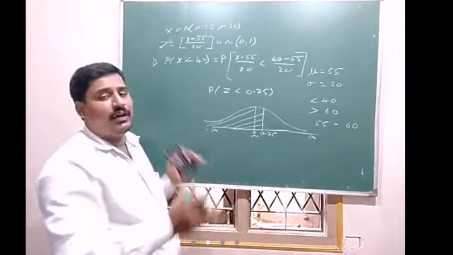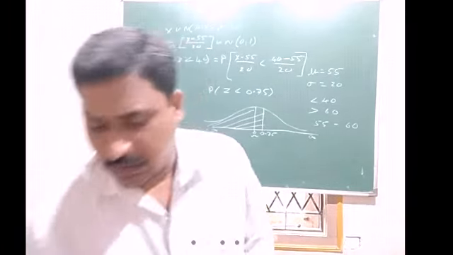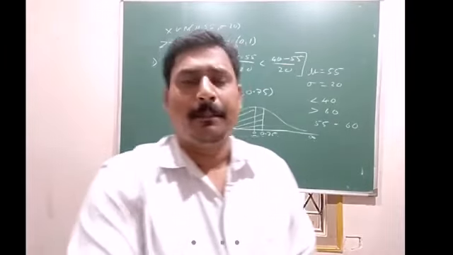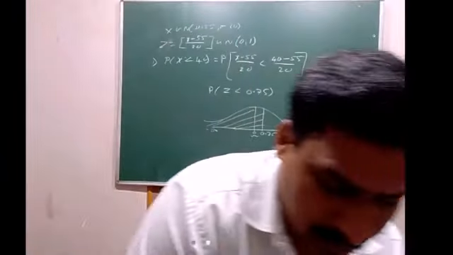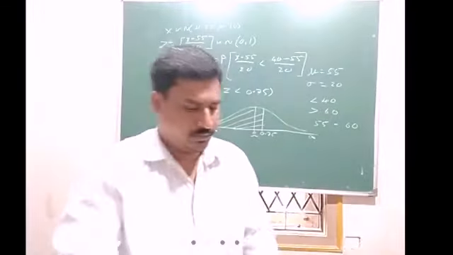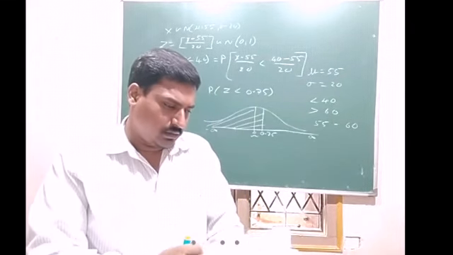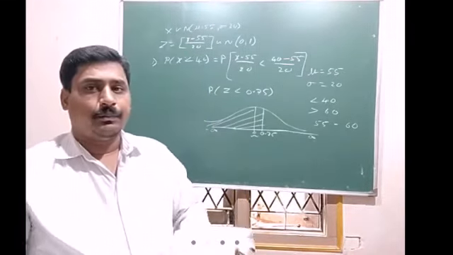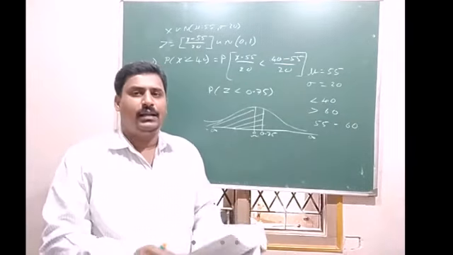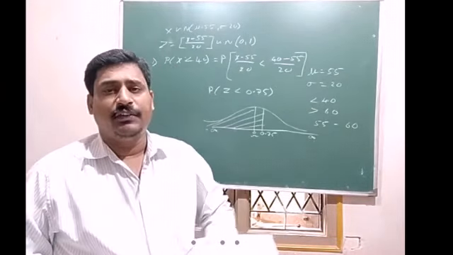What is the value for this region? From the table. Okay, so in the normal distribution table given in the textbook, which I have already sent to you, values from negative 3.5 to infinity are given, and positive values from 0 to infinity up to 3 to infinity are given here.